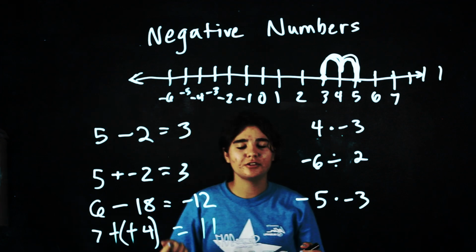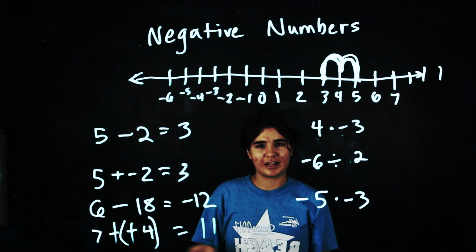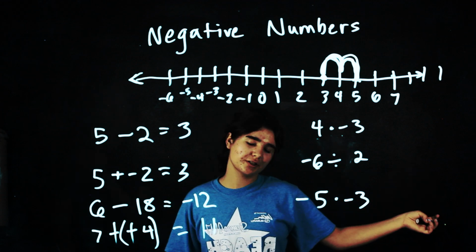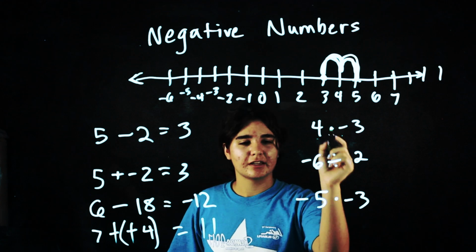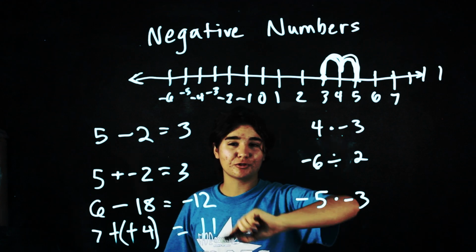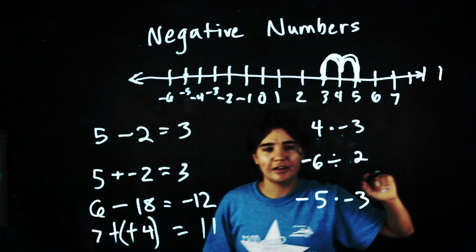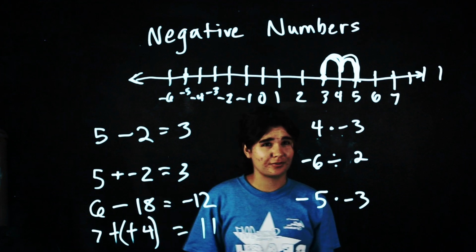Another trick you can use when there's a double negative is that the negatives cancel out, because you're changing direction twice, so you just go in the original direction. This also works with multiplication. If you have negative 5 multiplied by negative 3, we have this negative 5 and we're adding it to itself negative 3 times.